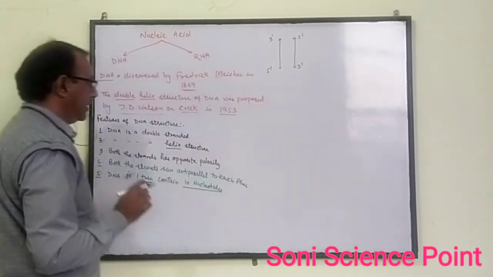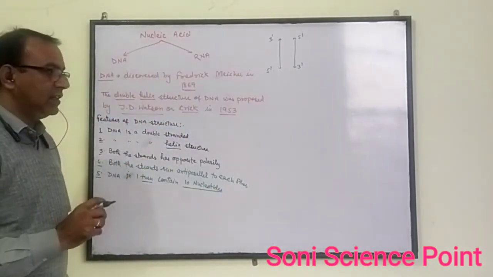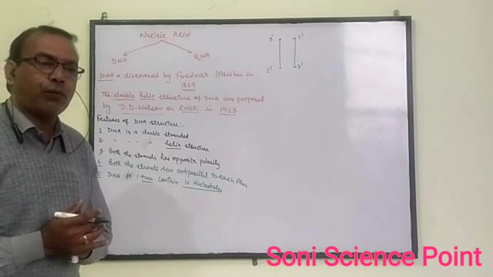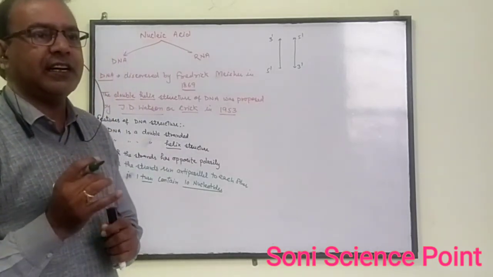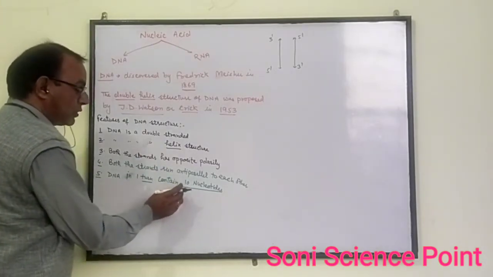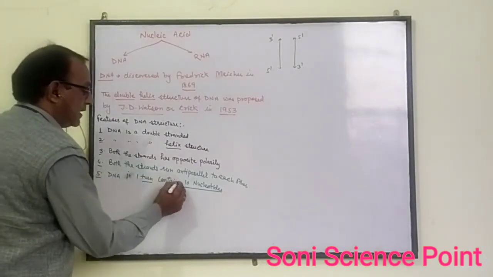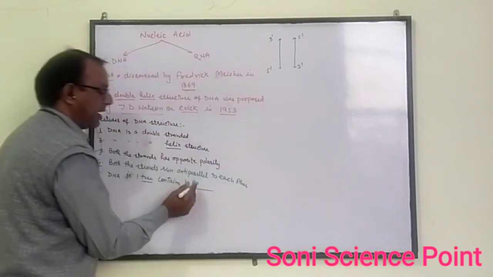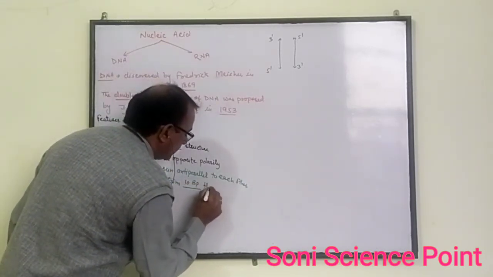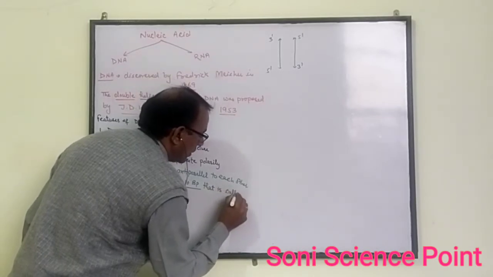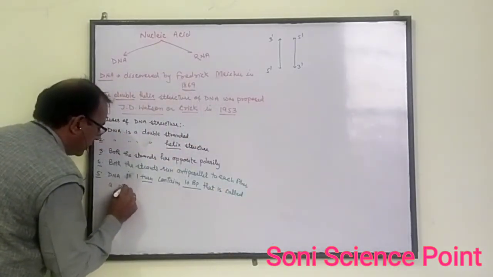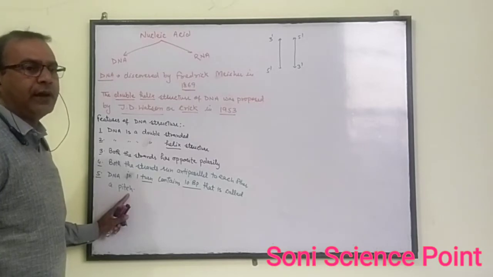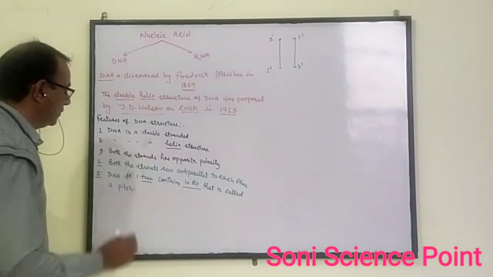If it contains 10, then we can say that it is DNA B, because on the basis of nucleotides, DNAs are of 5 types: DNA A, DNA B, DNA C, DNA D, and DNA Z. Mostly, DNA in one turn contains 10 nucleotides, or we can say 10 base pairs, nitrogen base pairs. That is called a pitch. So, the distance of a pitch is 3.4 nanometer, or we can say 34 angstrom.